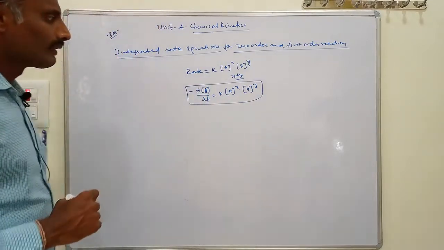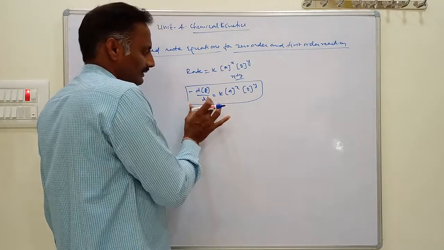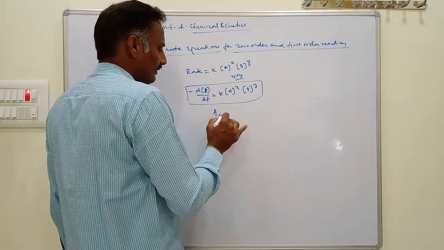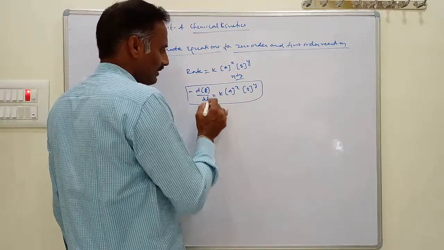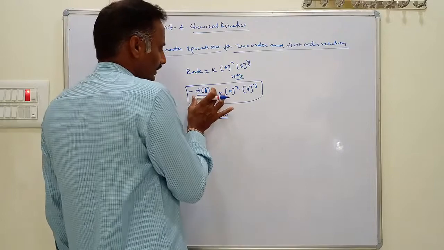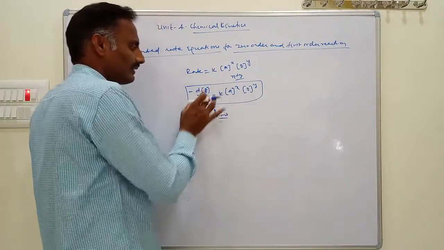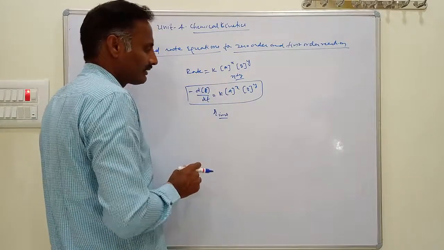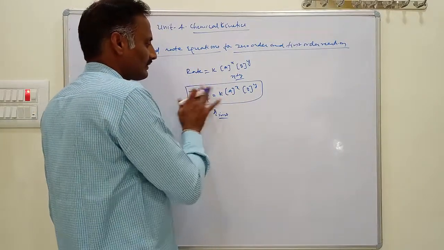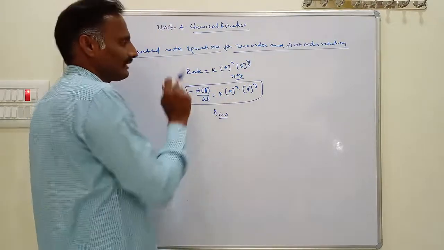It is not always possible to calculate the instantaneous rate of a reaction from differential rate equations, and also it is not possible to calculate the concentration of reactant at different intervals of time and the rate constant at different intervals of time. To overcome these demerits, the differential rate equation can be integrated to get integrated rate equations.